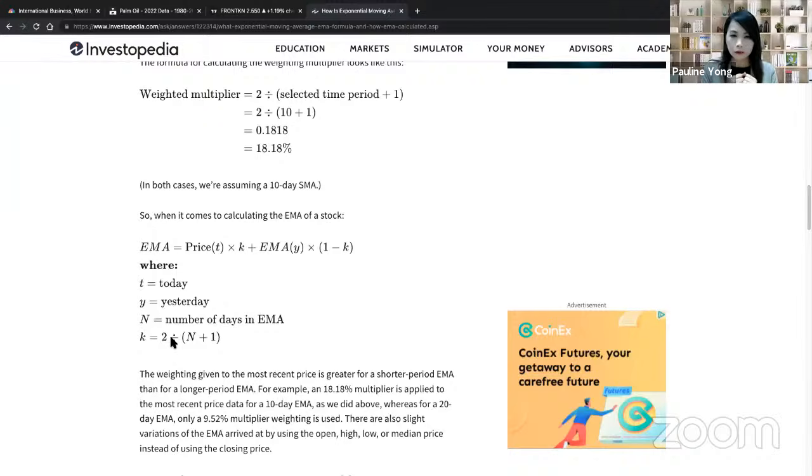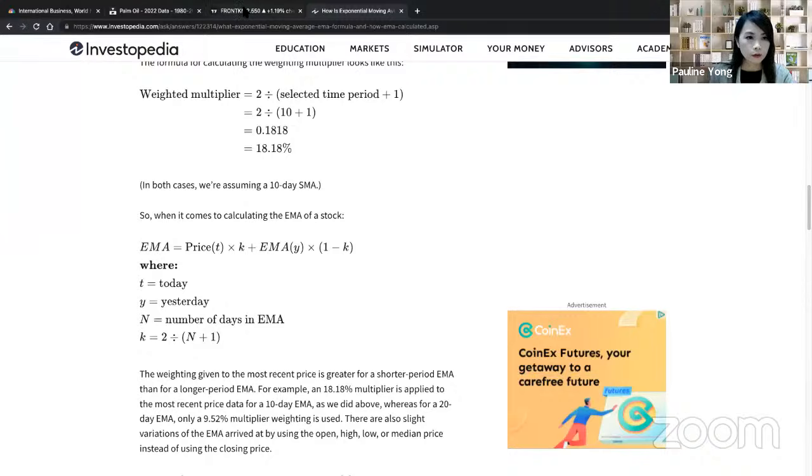Those days further away get a smaller multiplier and affect the price less. So the exponential moving average puts more weight on the recent days in terms of their price.